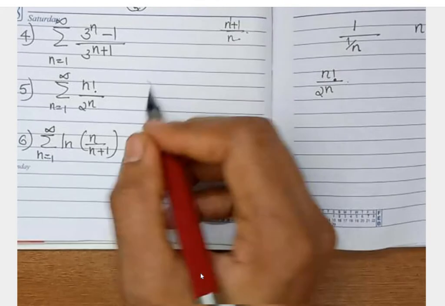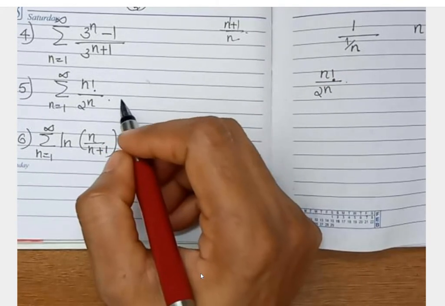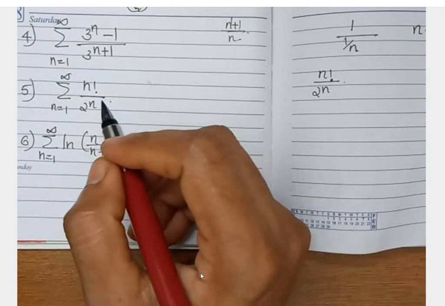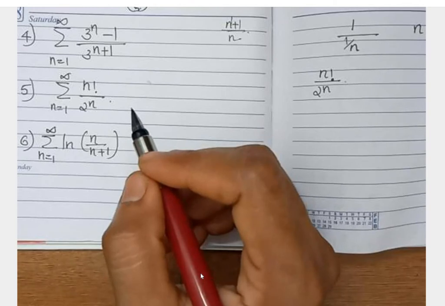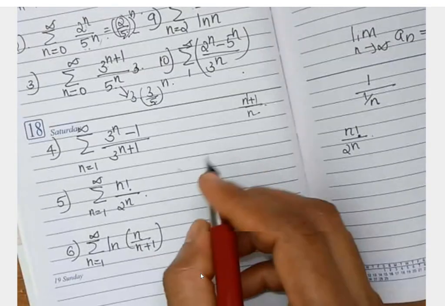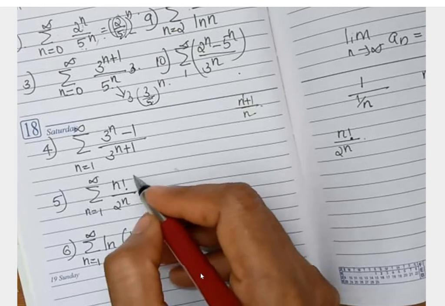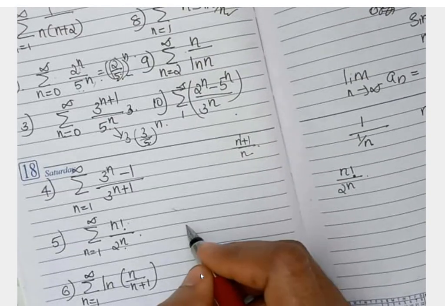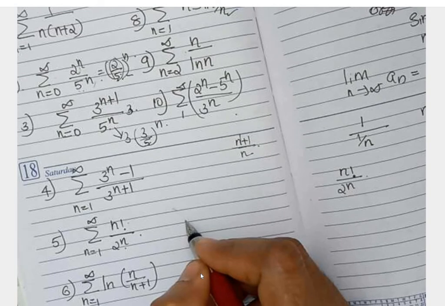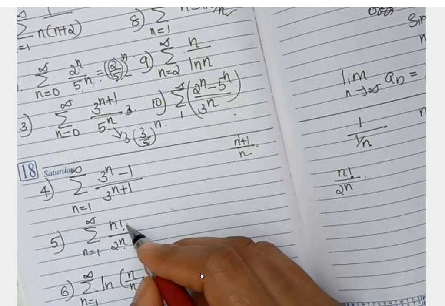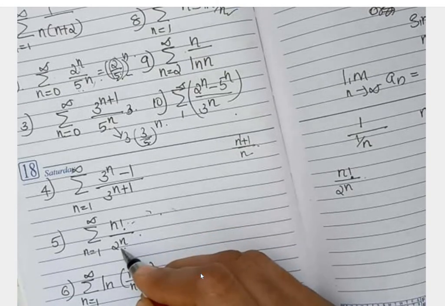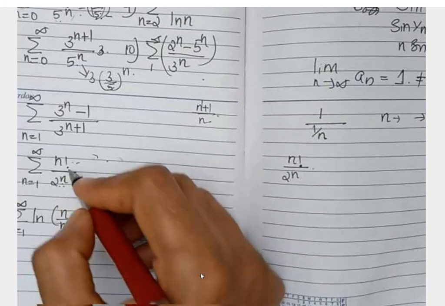What happened to this one? n factorial divided by 2 raised to n. In order to find the limit of this n factorial by 2 raised to n, as n tends to infinity, this n factorial will be large when compared to this 2 raised to n, right?